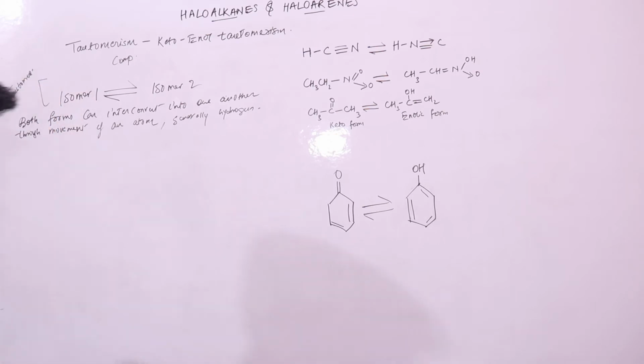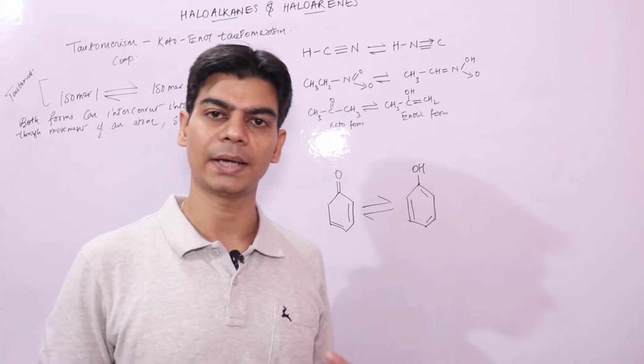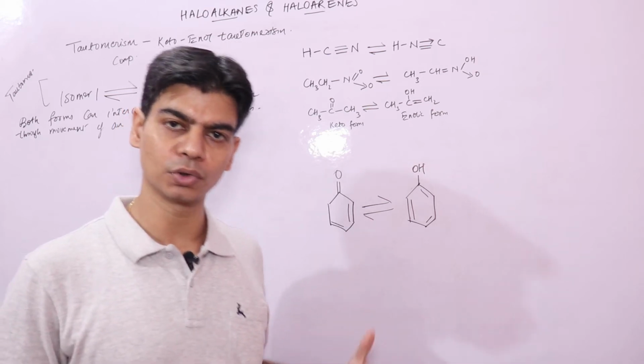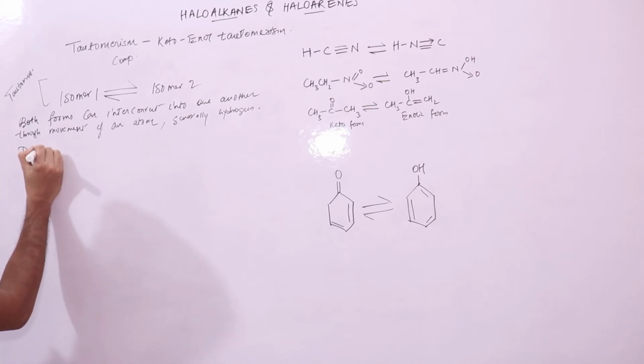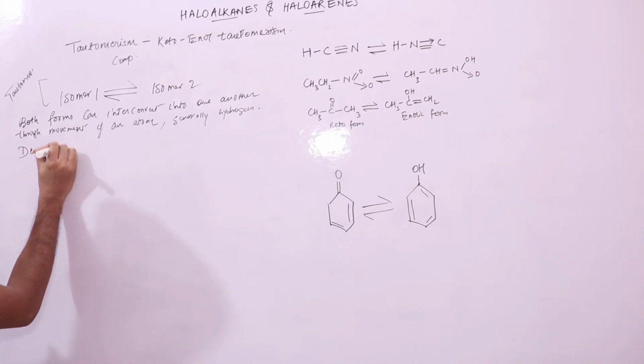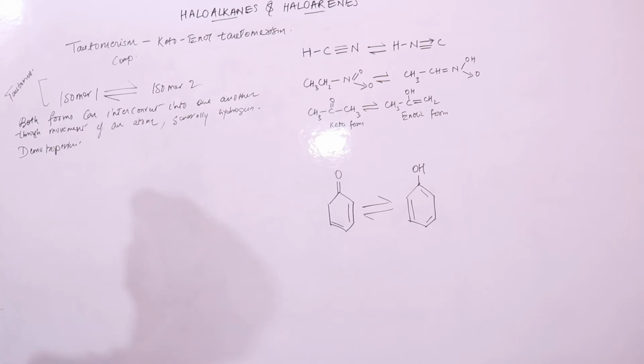So in case of tautomerism, the two isomers are called tautomers, and we also call tautomerism desmotropism.